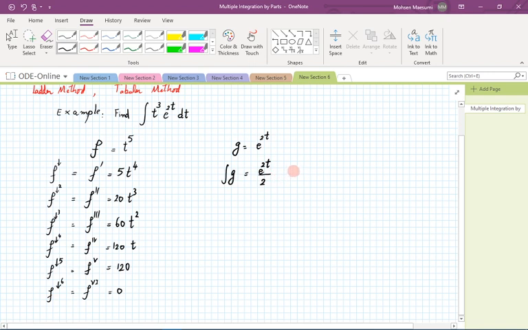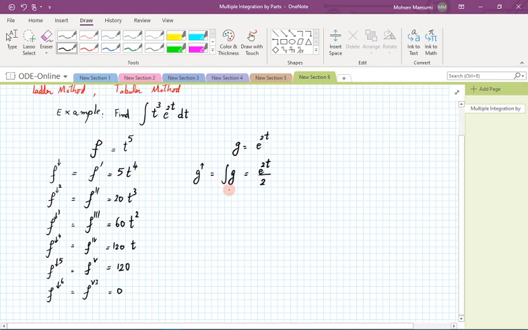I can have a constant here, but it's just going to clutter the situation, and we want to have something that is not error prone, and that constant is not going to add anything to our array, and so we just leave it out in this case. I'm going to call this thing the up operation, due to the fact that if this was a polynomial, when I integrate, the power goes up.